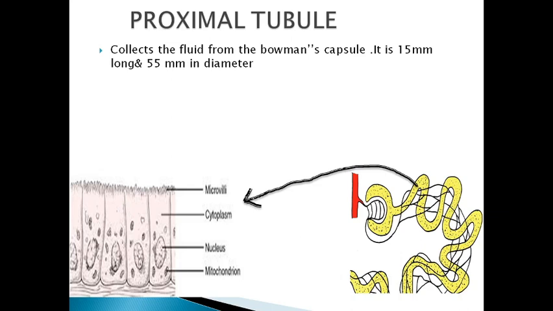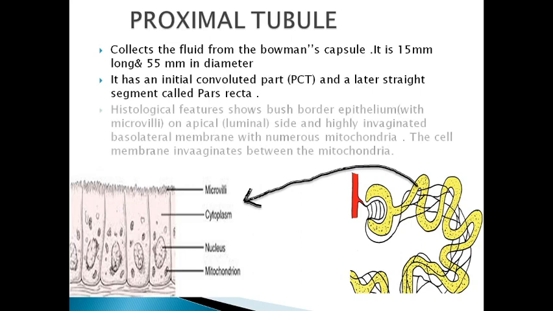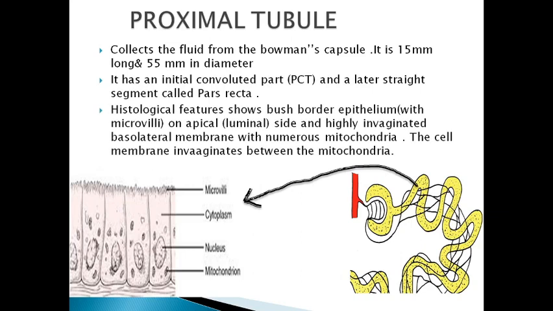It is somewhere around 15 millimeter long. Okay. Straight portion is known as the pars recta. Point to be remembered at this juncture is that the proximal tubule has got tremendous ability of reabsorption.